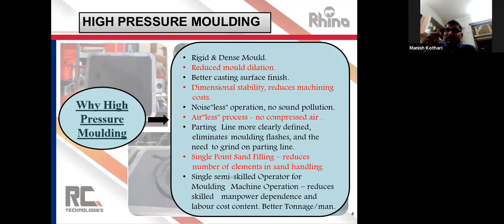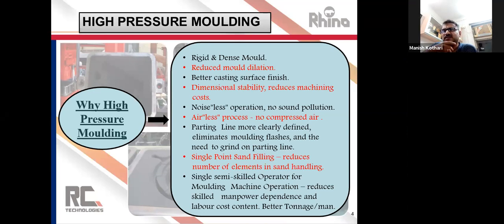Unless you are really working hard on the process and tooling in Jolt-squeeze, compared to high pressure, it's much more difficult to achieve this. I don't say it is not possible to achieve in Jolt-squeeze, but it's much more difficult to maintain this.